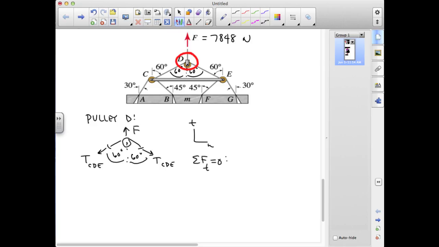So that's going to give me the tension in CDE is equal to F over 2 cosine 60, but the cosine of 60 degrees is a half, and so this is just going to be F, and the tension in CDE is going to be equal to 7848 newtons.